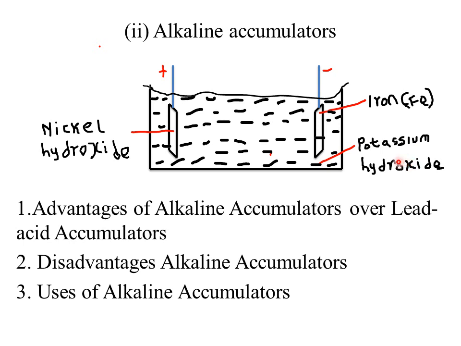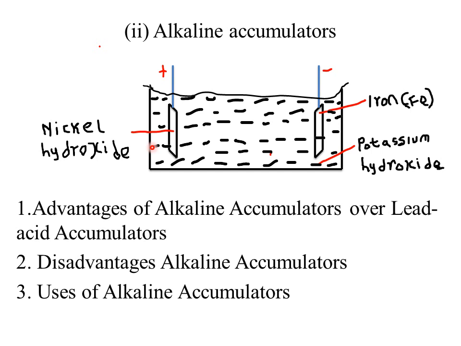Then the common types of alkaline accumulators are the nickel-cadmium and the nickel-iron accumulator. So here we look at the nickel-iron accumulator. The nickel hydroxide is our anode, or the positive terminal, whereas the iron is our negative terminal.